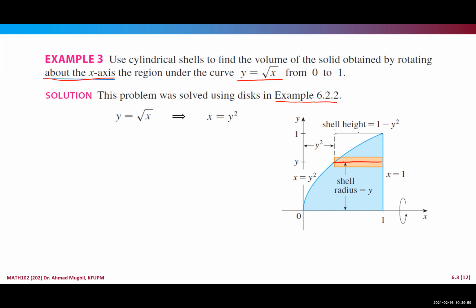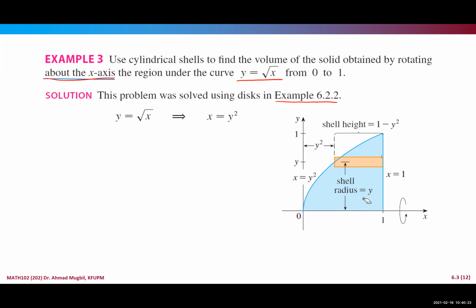You will draw a line or a rectangle parallel to the axis of rotation. Then the distance from this line to the axis of rotation is the shell radius, r. And the length of the line that you draw is h. Make sure that you have only one curve to the right, one curve to the left.